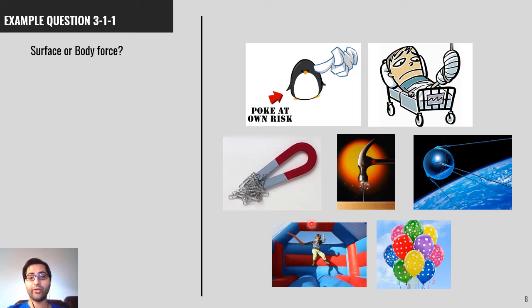The force exerted by the boy is surface forces. Here we have balloons filled with air. The air exerts internal distributed surface force to the balloon membrane.